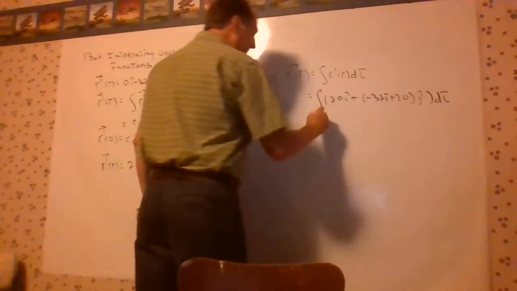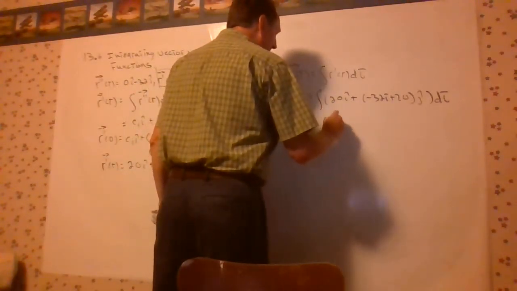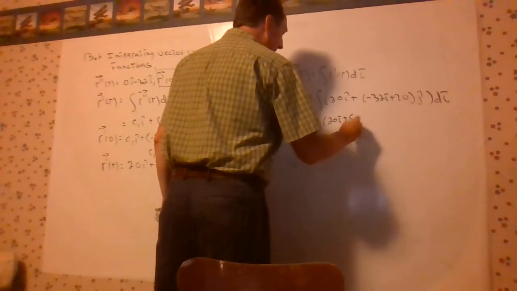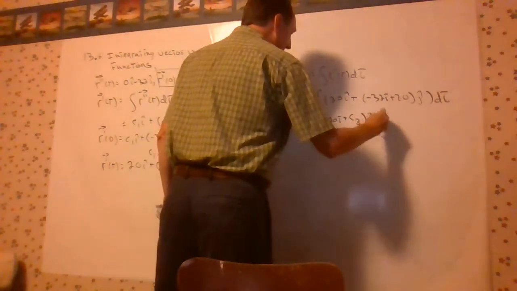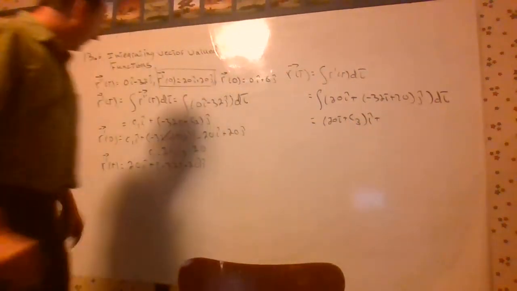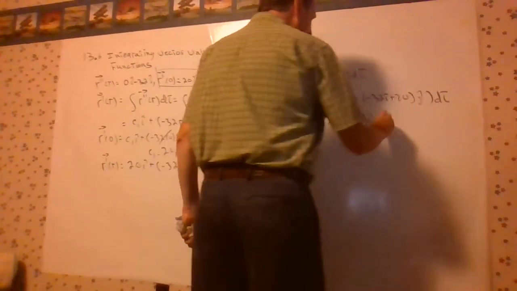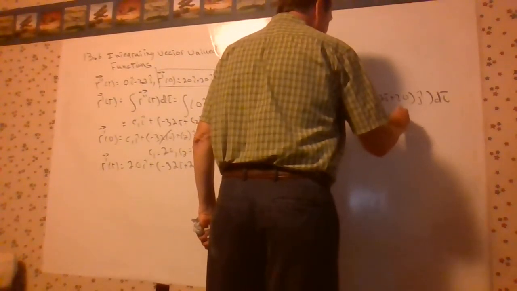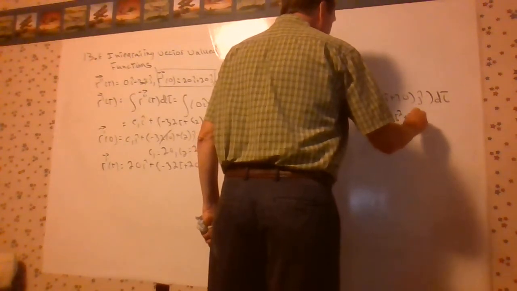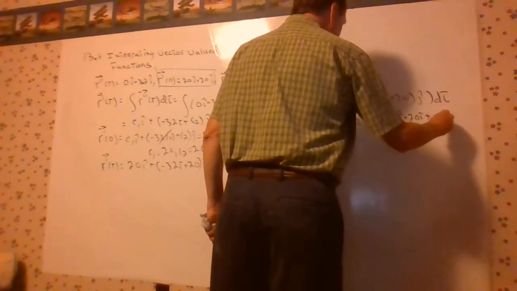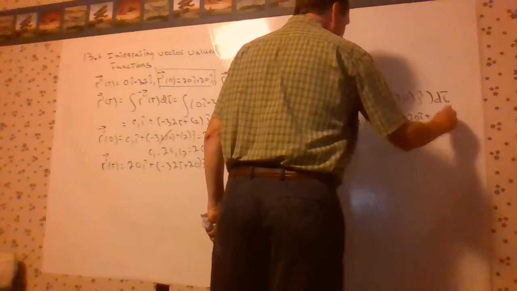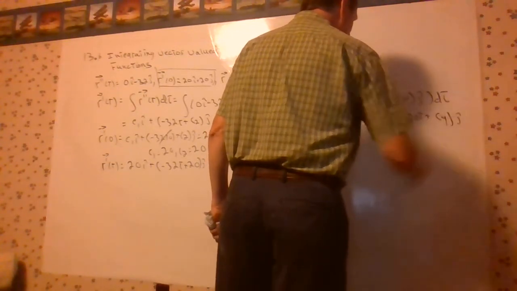The antiderivative of 20 is 20t plus c3 i. We can't use c1 or c2, we already used those back here. Plus negative 32 gives you negative 16t squared plus 20t plus c4 j.